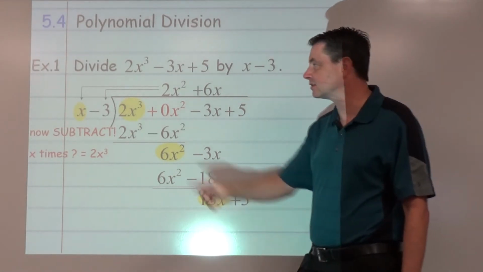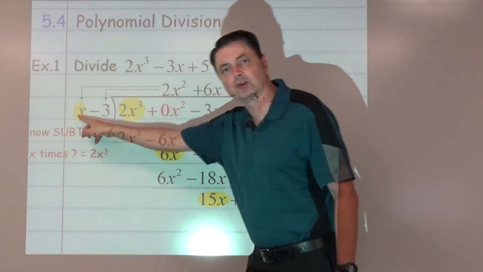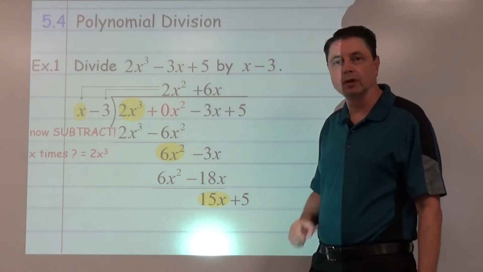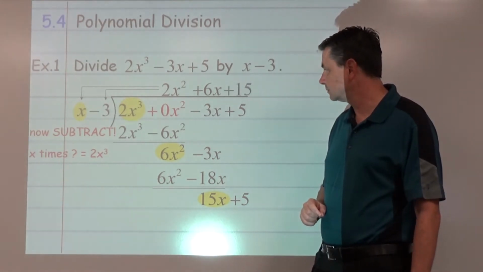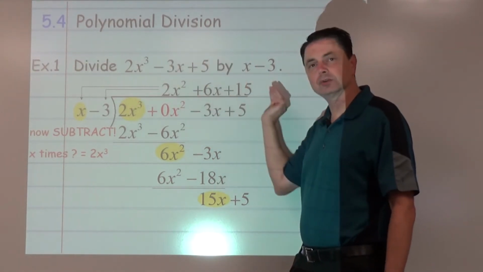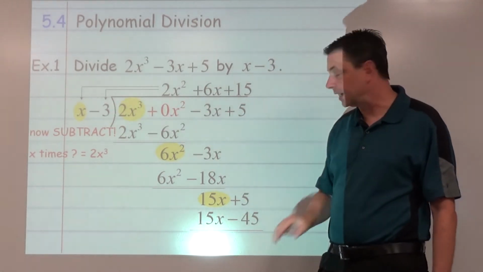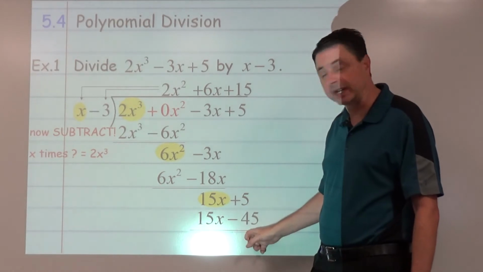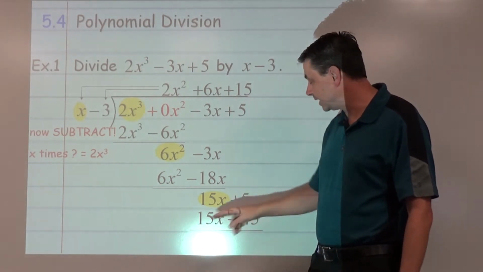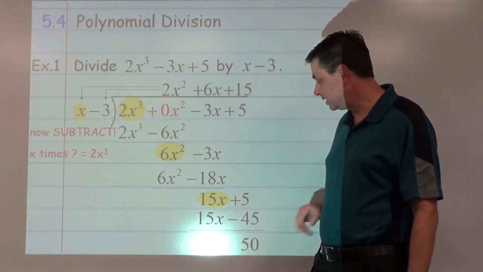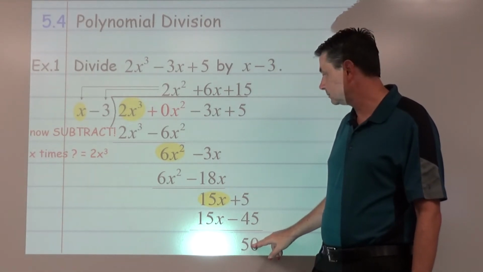Repeat the process. What would we multiply the first term by to get the first term? Positive 15. Distribute. Subtract. Again, we've got this minus minus thing. So 5 minus negative 45 is 50. Positive.